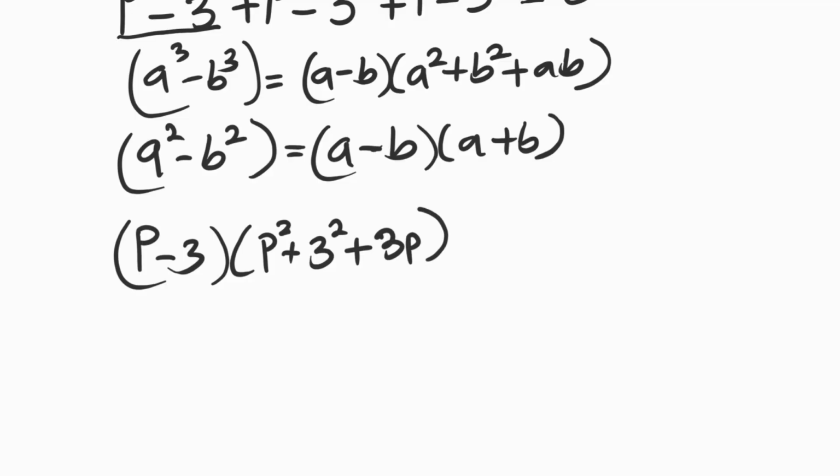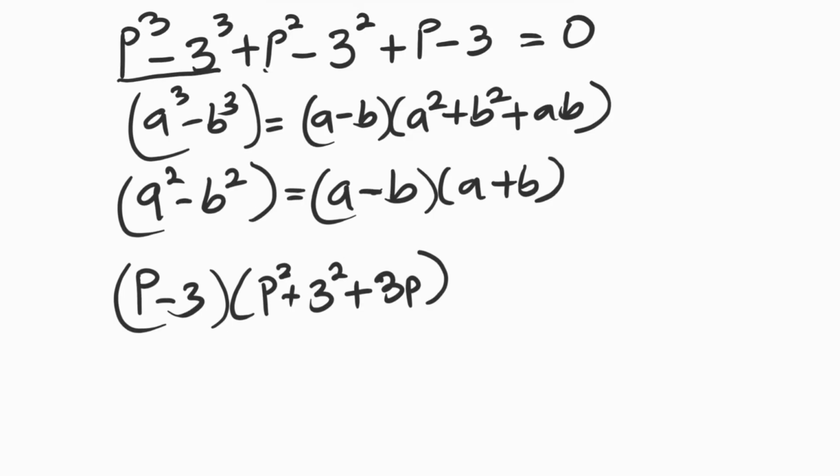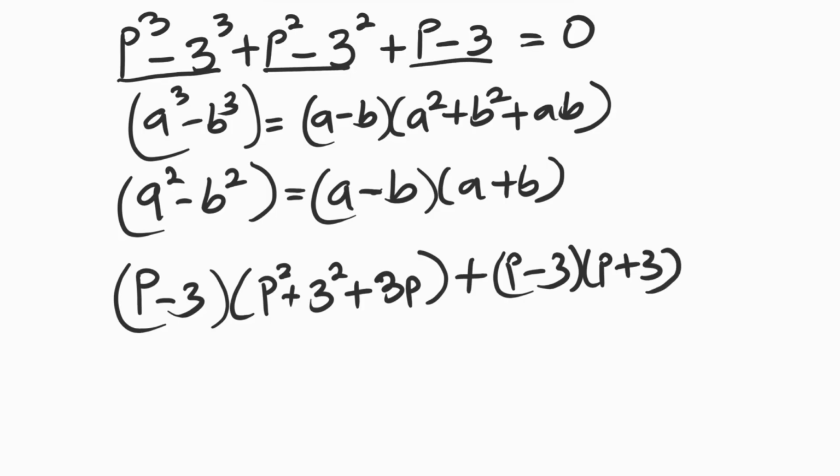And then we go over to p squared minus 3 squared, and it becomes plus p minus 3, p plus 3, and then finally plus p minus 3 equals 0.